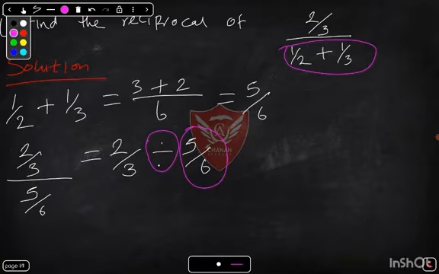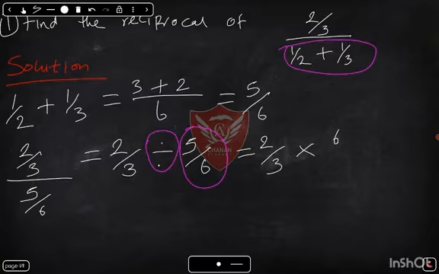So we have 2 over 3 multiplied by 6 over 5. If we multiply 2 by 6, the result will be 12. And then 3 multiplied by 5, the result will be 15.